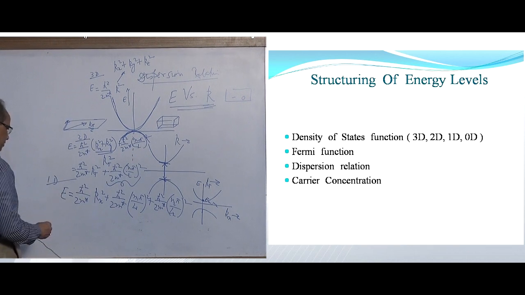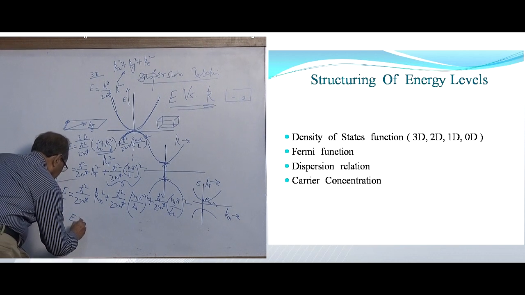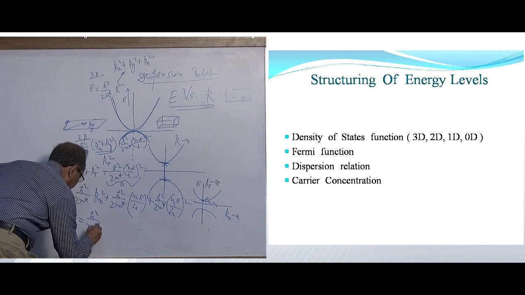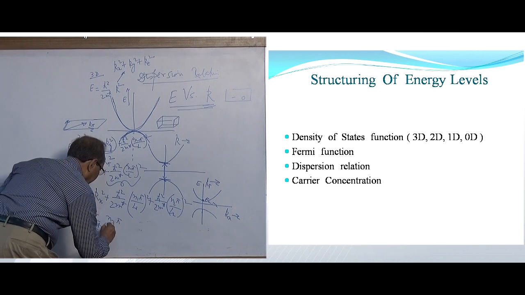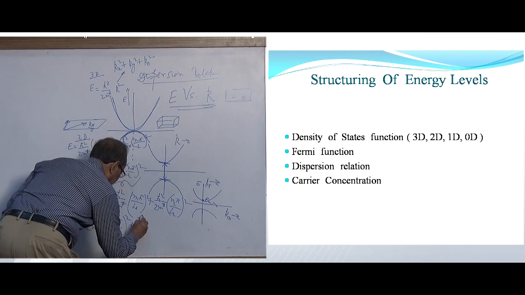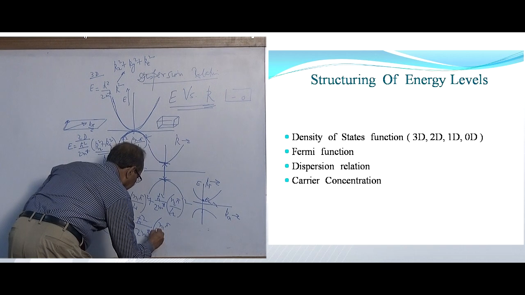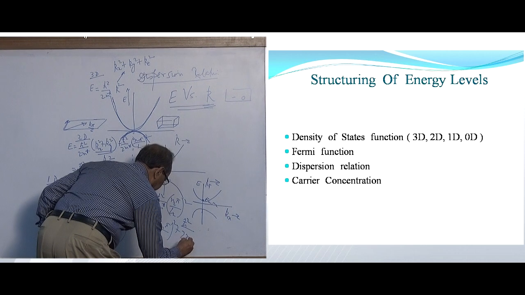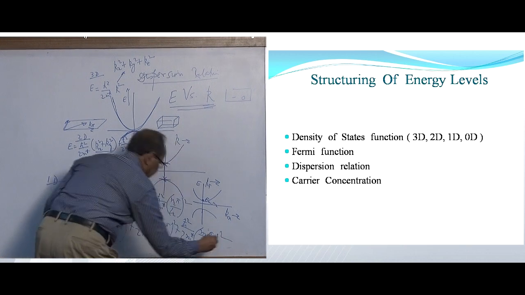So these are the dispersion relations, and in 0D, E equals, all these are quantized, that means ħ²/2m* (N3π/L3)² plus ħ²/2m* (N1π/L1)² plus ħ²/2m* (N2π/L2)².